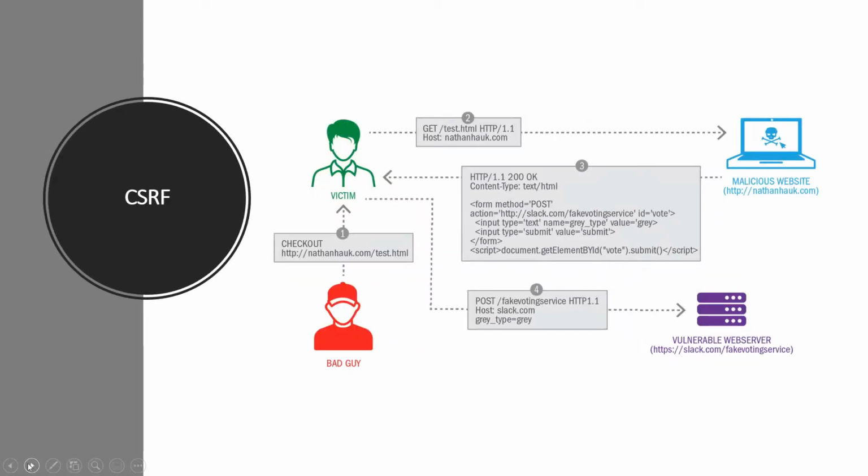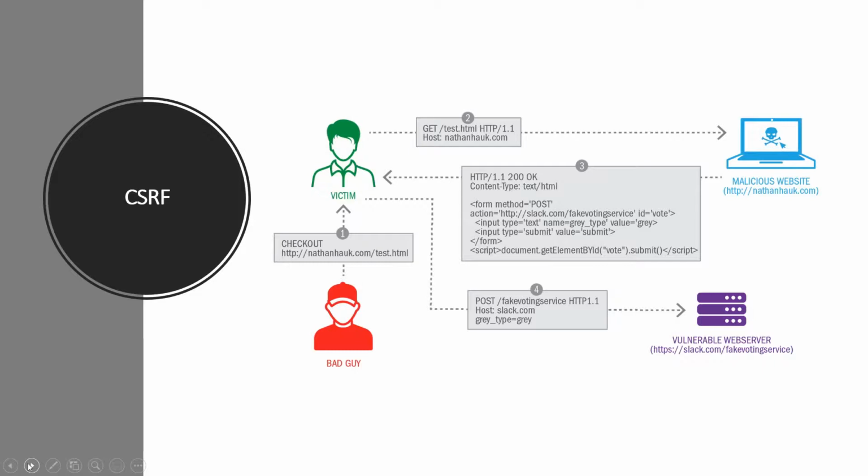Next thing is CSRF. CSRF is where a session is hijacked, and your bad guy basically tricks your victim into executing something. The victim thinks that it's executing on the correct system, but it is not.